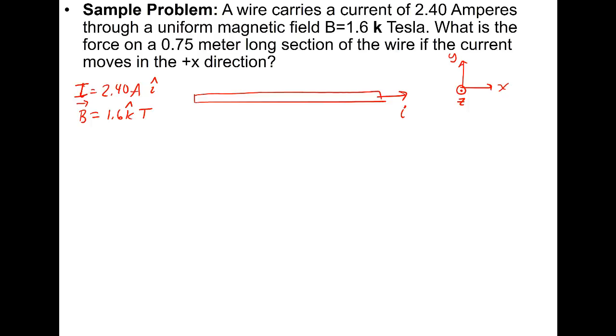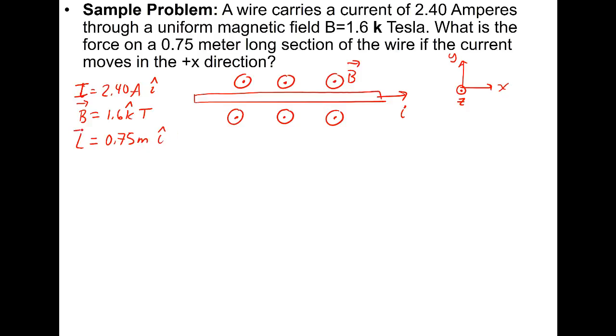All right, so what's the k-hat direction for this field? Well, it's coming out of the page. So we don't have to draw a lot of them, but just enough to get us thinking about it. So that's the direction of B coming out of the page. And we also are given that L is 0.75 meters.